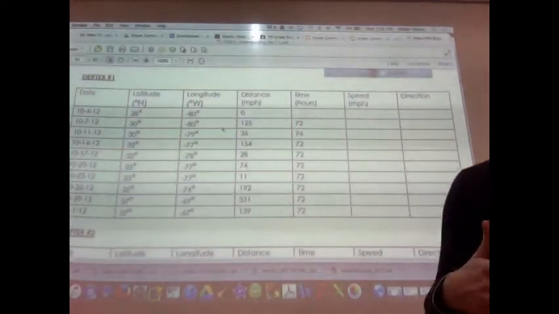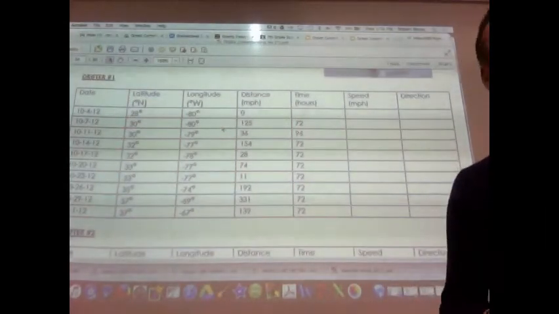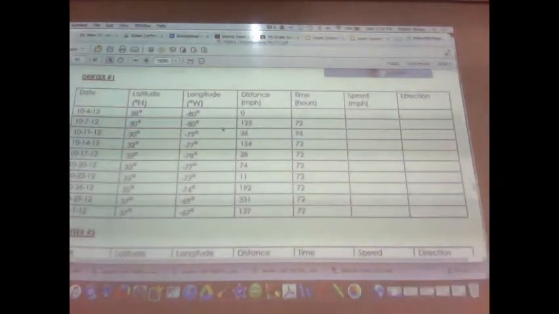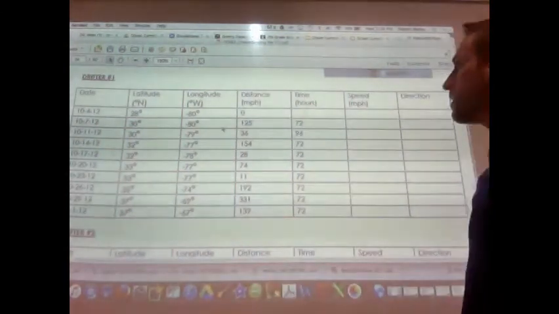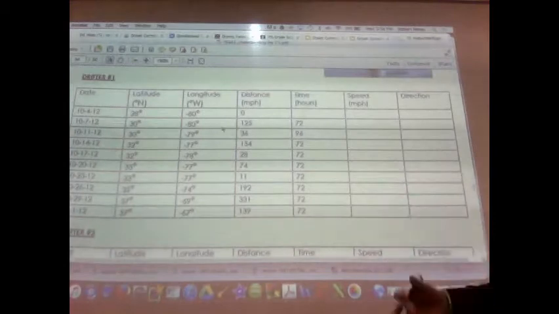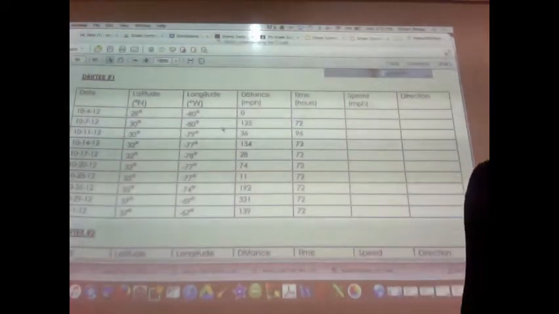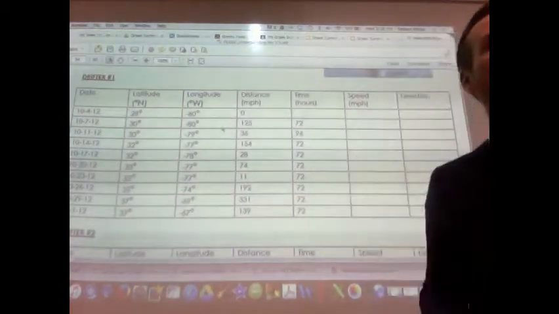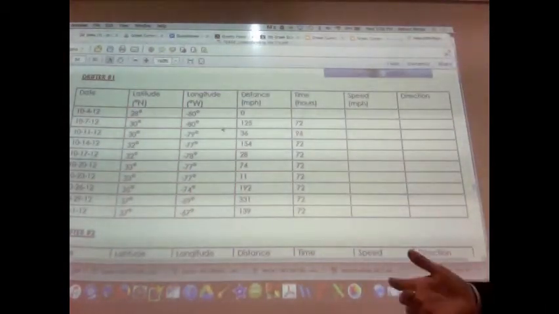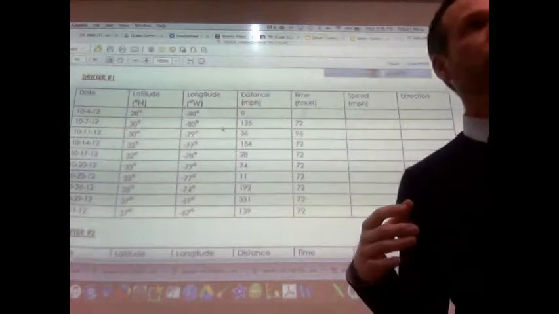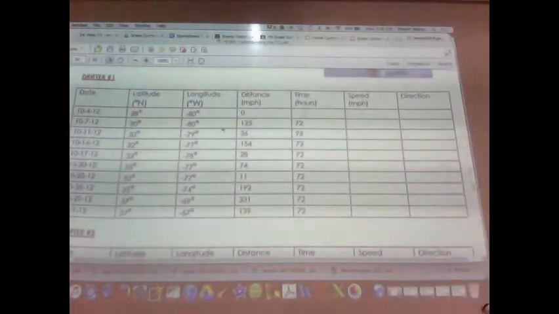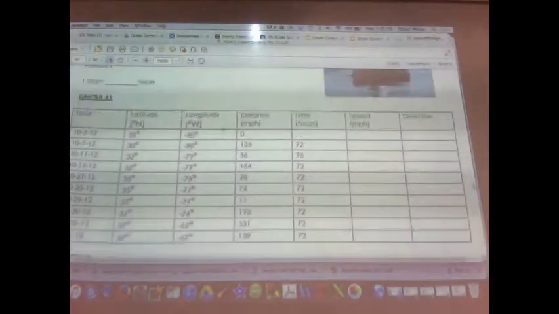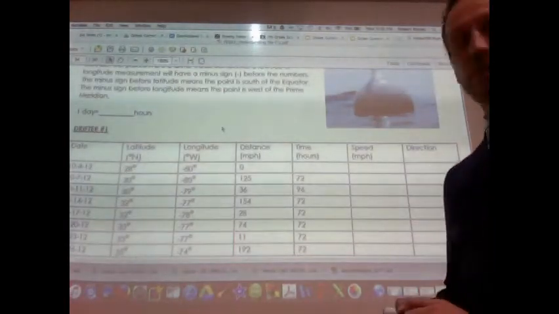Okay, so after you have all of your plots marked on the map, you can now come back to your chart here, and let's say you're working on Drifter 1. The next thing they want is the speed in miles per hour. So I don't know how many of you remember how to calculate the rate of an object with speed or velocity, but it's a simple formula. You're allowed to use your calculators for this today. The formula is simple. It's just distance divided by time.